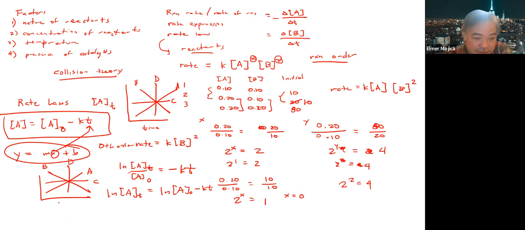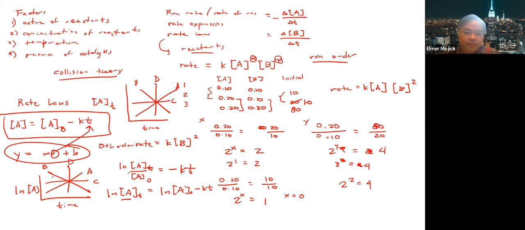So this is the first order, and this is time. This is the ln of A. You see on the y-axis it is ln of A, while in the zero order it is just A of t. So what does the graph look like?